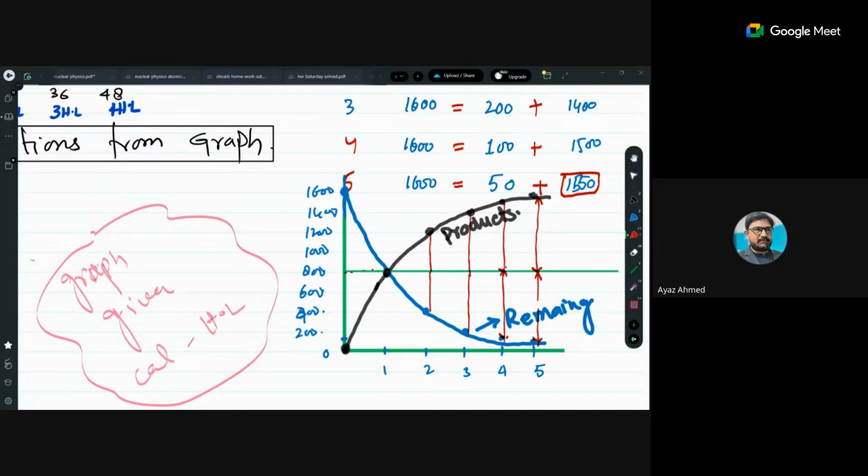This is the symmetry of this graph. Oh, okay. Got it. So this is the point where remaining are equal to products. Got it? Is this all clear to everyone?